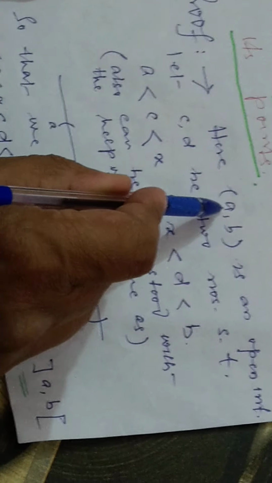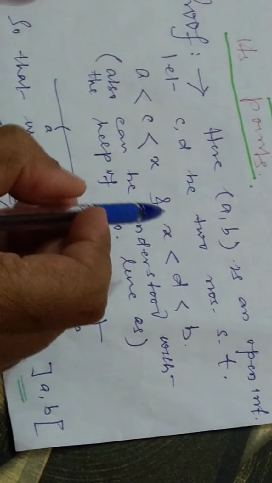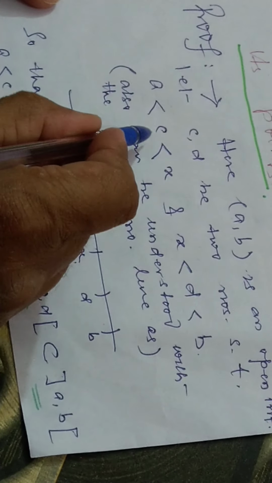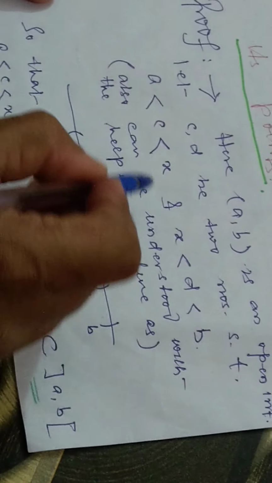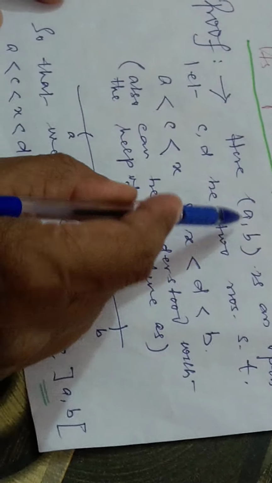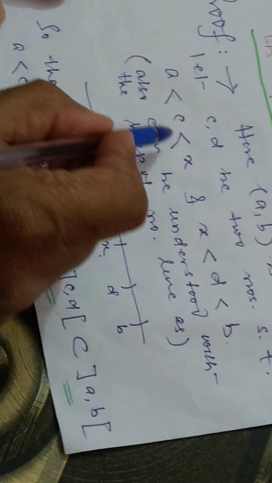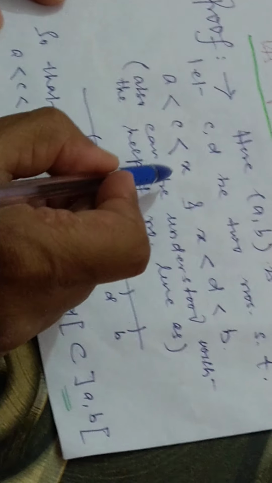Because between the endpoints a and b there are infinitely many real points, and we have taken c and d, any two real numbers between a and b, such that a is less than c is less than x, and x is less than d is less than b.